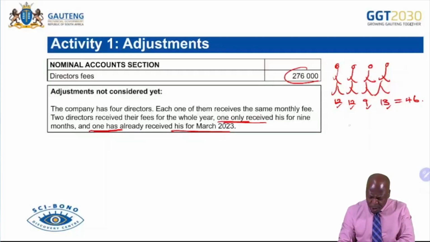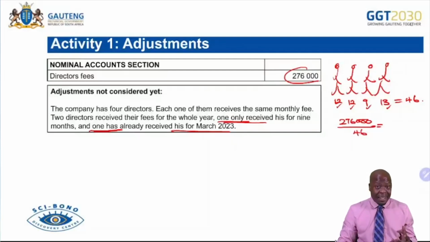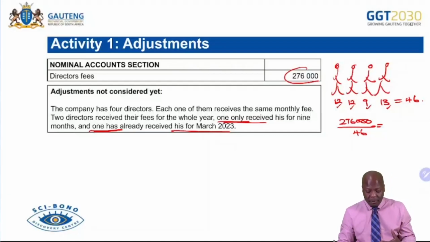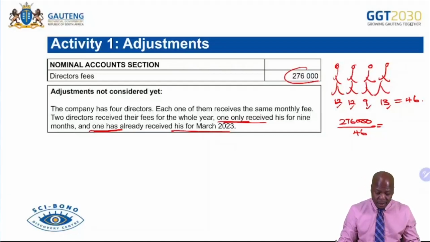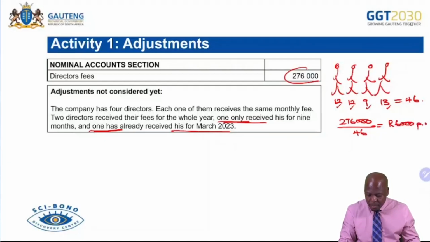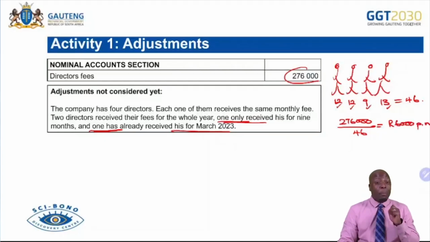So if the 276 is for the 46 months, how much is per director per month? We simply take the 276 and divide it by the 46 months, and it will give us an amount of 6,000 rands per month. What does that mean? We're paying each director 6,000 rands per month.